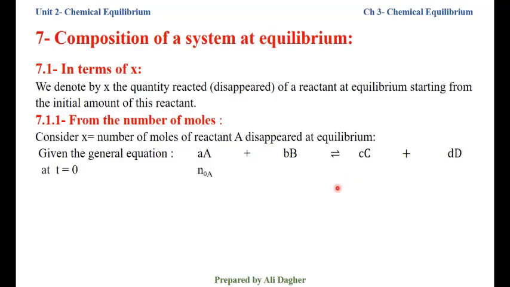At T equals 0, the initial number of moles are n0A for A, n0B for B, and 0 for C and D. X is the number of moles of reactant A disappeared or decreased at equilibrium or at instant T. Then for reactant A, the variation is minus X.